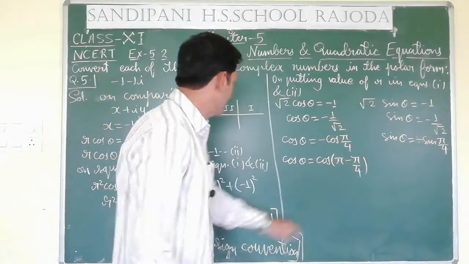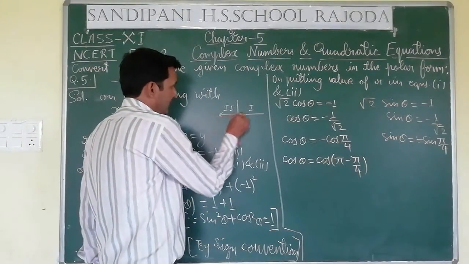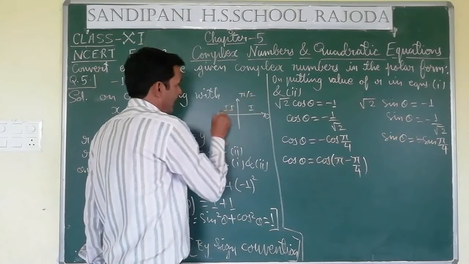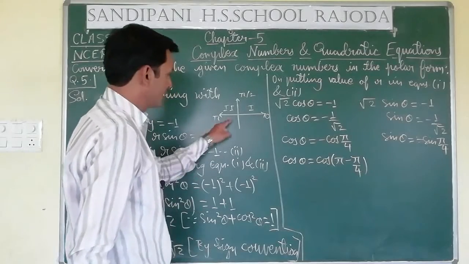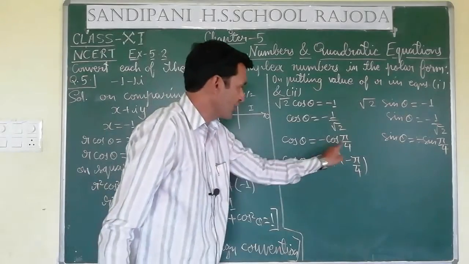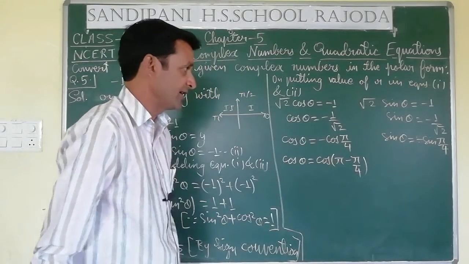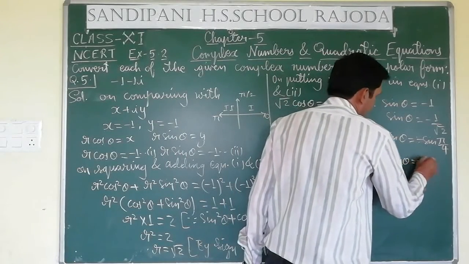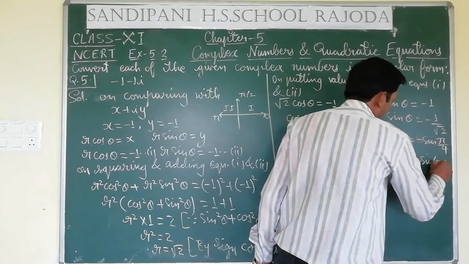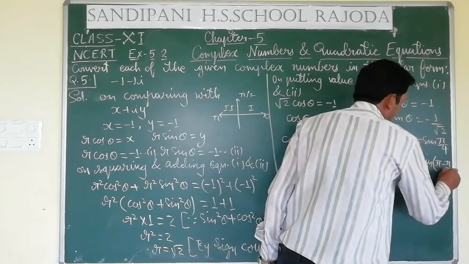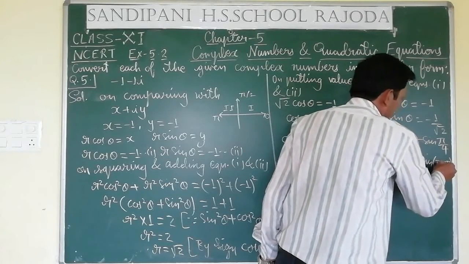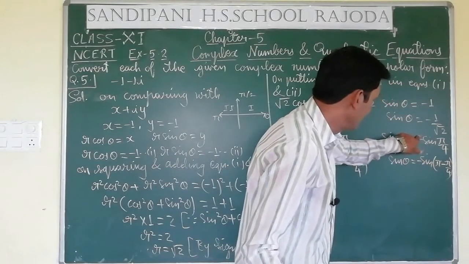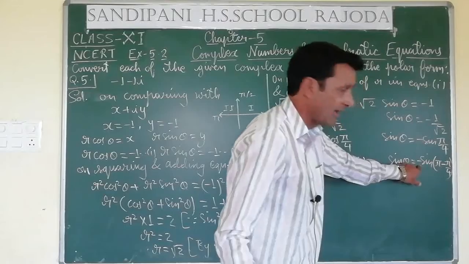It is pi minus, means here it is pi, here it is 0, here it is 90 and here it is pi. So cos 180 minus theta is minus cos theta, that's why this minus will be eliminated here. But here it can't be eliminated, so this minus will remain the same after writing sin pi minus pi by 4 also. If I am writing sin 180 minus theta, then it will be positive sin theta. So this minus will be as it is.